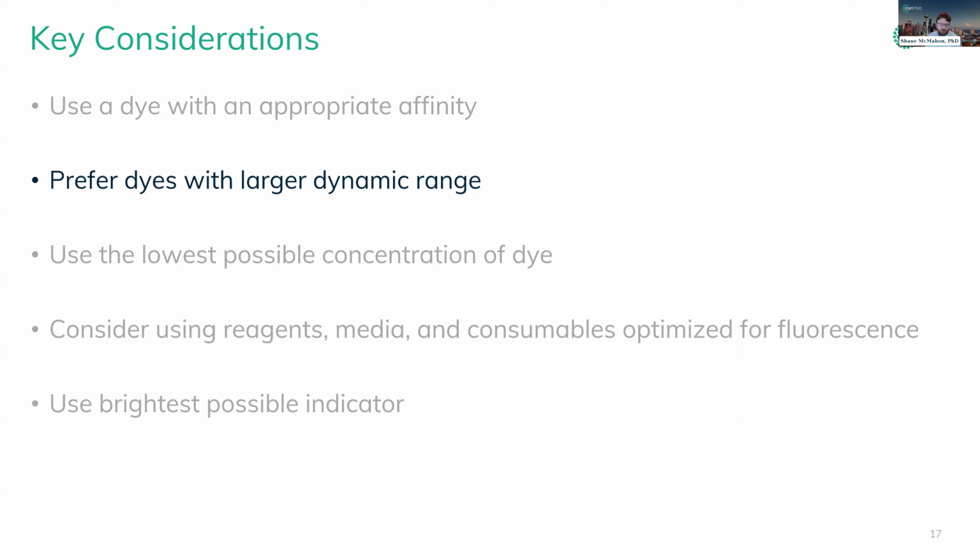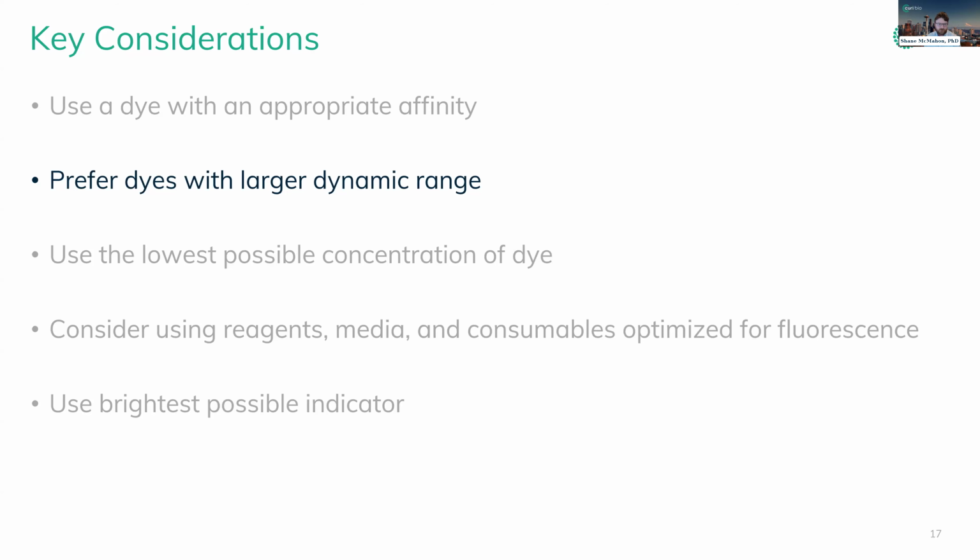Another consideration is that we should prefer dyes with a large dynamic range. The dynamic range refers to how much the fluorescence increases when the dye binds to calcium. A dye with a dynamic range of 10 gets 10 times brighter when it binds calcium. So consider the extreme low point, a dye with a dynamic range of 1%.